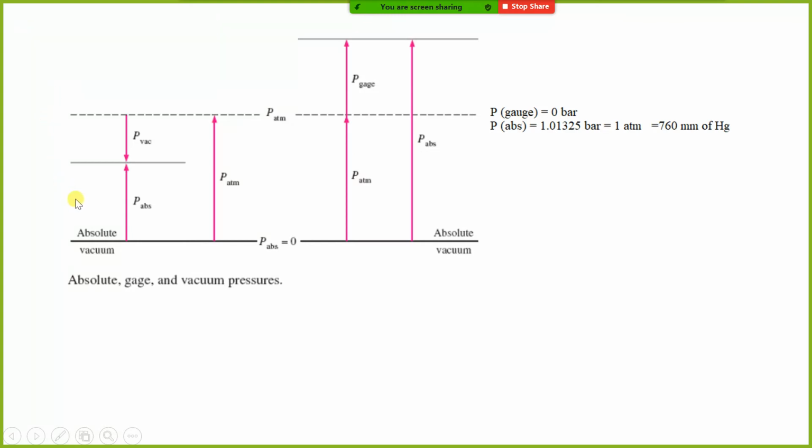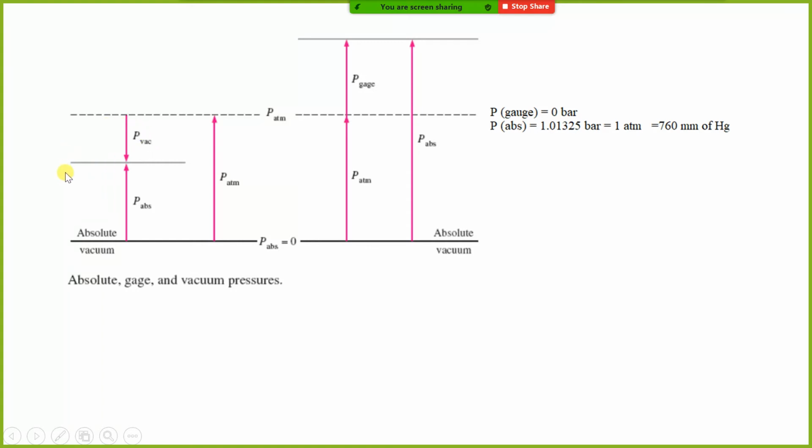Now talk about the vacuum pressure, or the negative pressure. The pressure measured below the atmospheric pressure is called vacuum. Now vacuum is measured below atmosphere. Suppose there is a vacuum of 0.5 bar.